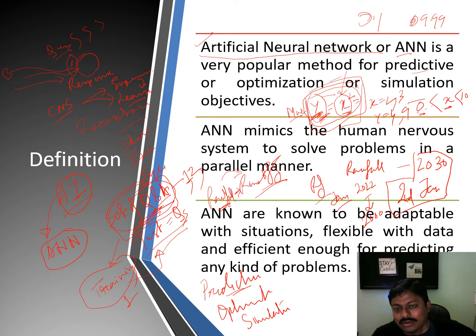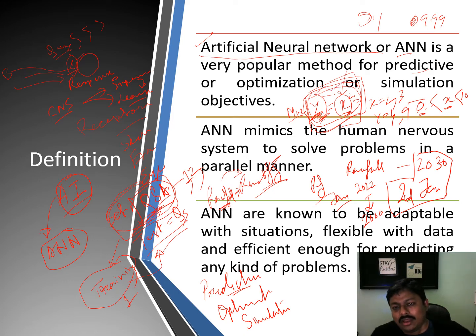So if the equation is unknown, you have to first develop the model and then optimize. When you are training the model, you will require some data where both input and output are known.